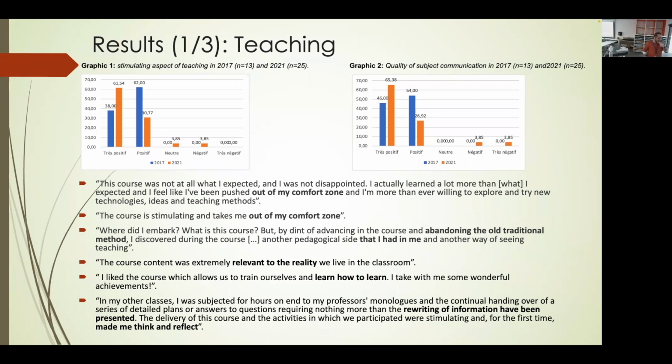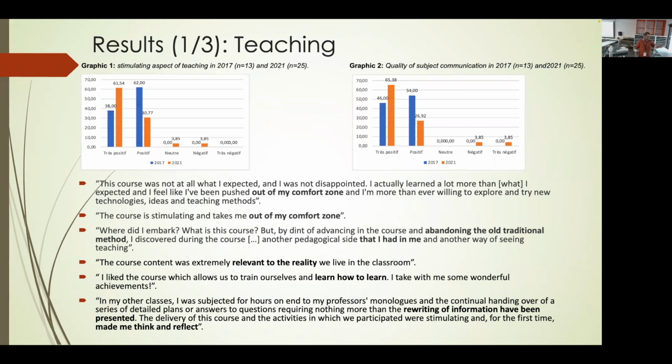The course, I have abandoned the old traditional method, another pedagogical side that I had in me, and another way of seeing teaching. The course was extremely relevant to the reality of the classroom because it was made with their words. It trained ourselves to learn how to learn how to learn.